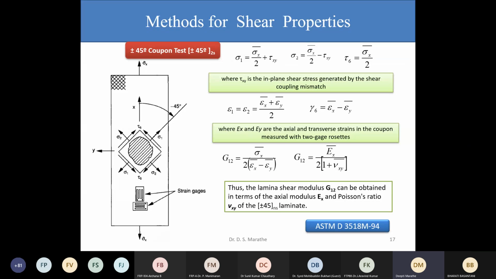For compressive properties, I use the IITRI fixture or the edgewise compression test. Now, the next important property for characterizing a lamina or laminate is G12, the in-plane shear modulus. So I need to find the in-plane shear strength and the in-plane shear modulus.